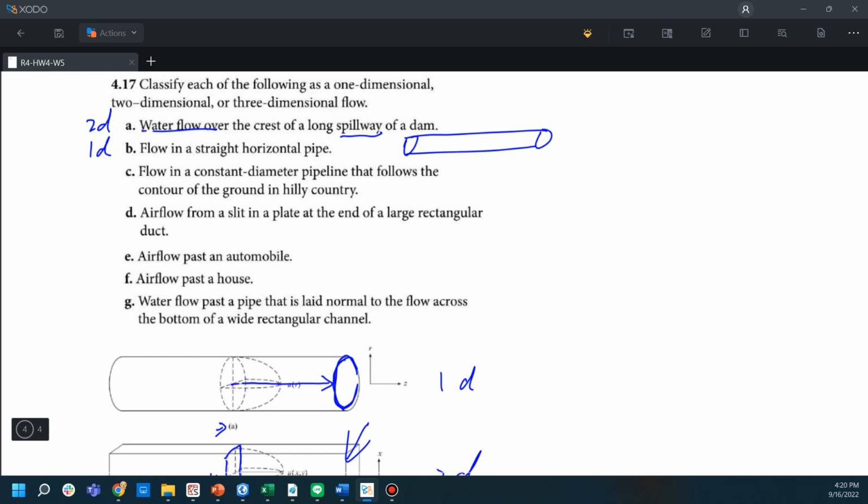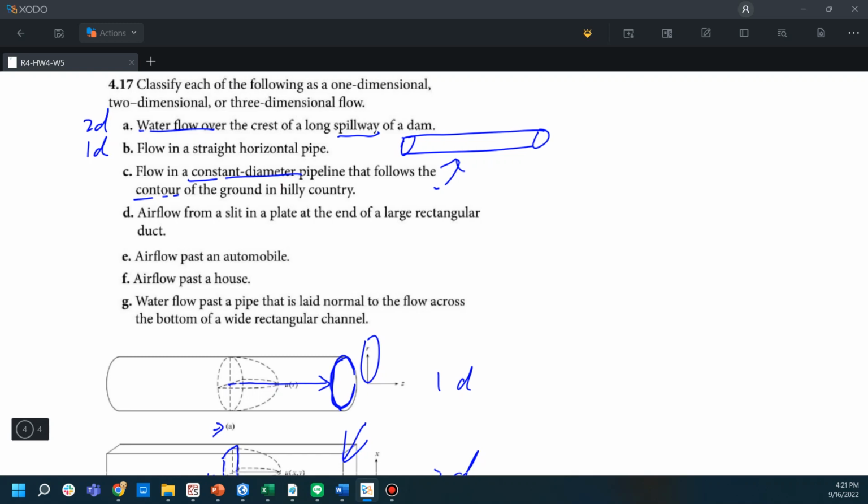So follow the contour, that means the pipe doesn't change elevation, and we already know it is a constant diameter pipeline, so it still looks like this one. So we can still use the radius to describe the flow rates inside this pipe. So we will classify this as a 1D flow.